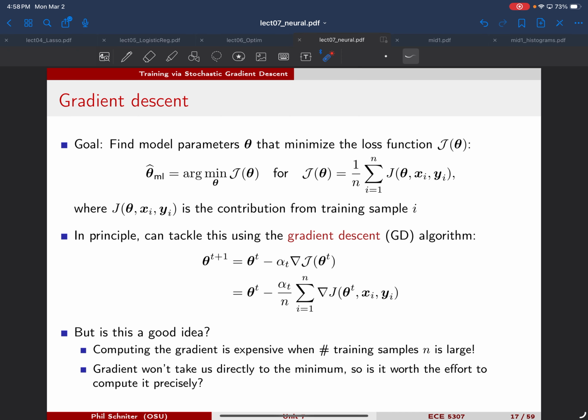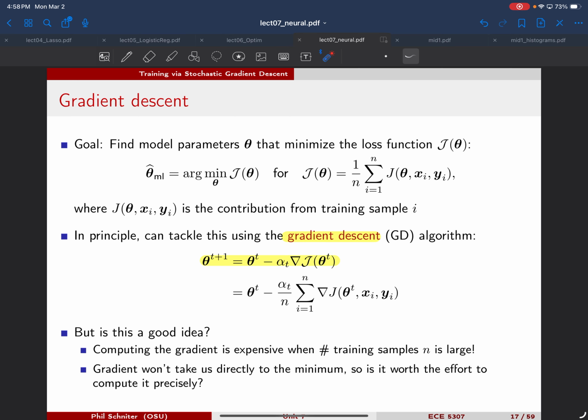Okay, so this is where we're coming from, and we have previously talked about gradient descent to solve this problem. And as we know, this is a pretty simple algorithm. So here, this is the t-th iteration of our update. We have the new parameters equal the old parameters minus a small step size times the gradient of the loss evaluated at the old parameters.